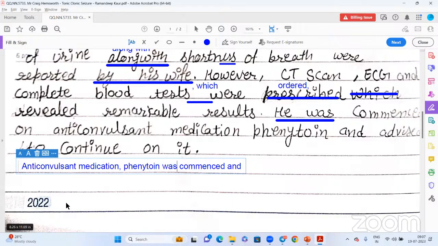Otherwise you can say: anticonvulsant medication, phenytoin, was commenced, and continuation of the same is advised. Like that.